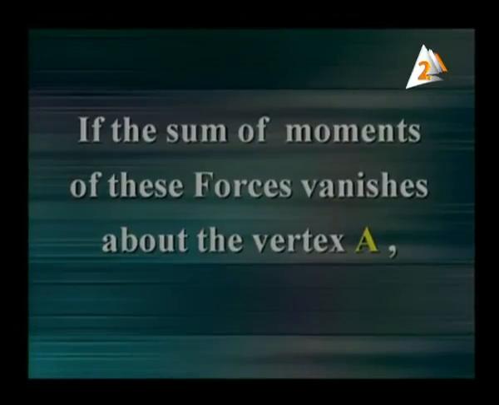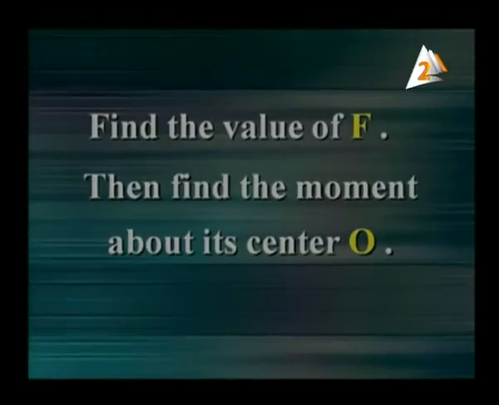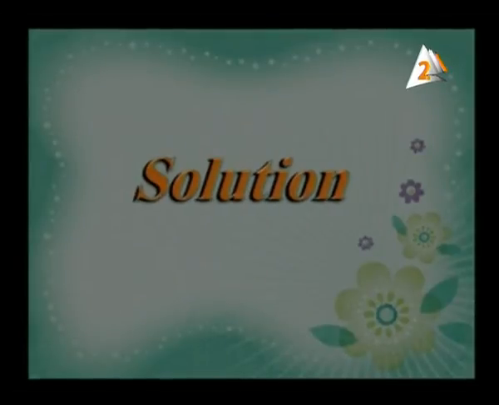From the given we say, therefore MA equals 0. So 60 times AK plus F times AC minus 40 times AE equals 0.